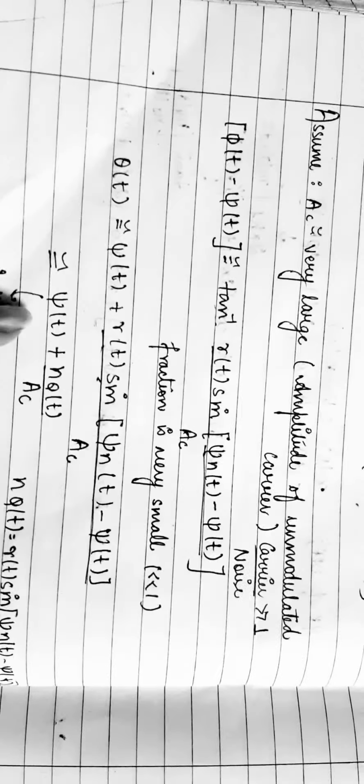So here we can see θ is nearly equal to φ(t) plus r(t) sin(φn(t) minus φ(t)) upon Ac. Now this term r(t) sin(φn(t) minus φ(t)) is nq(t), that is the noise quadrature component. So we can write φ(t) plus nq(t) upon Ac.